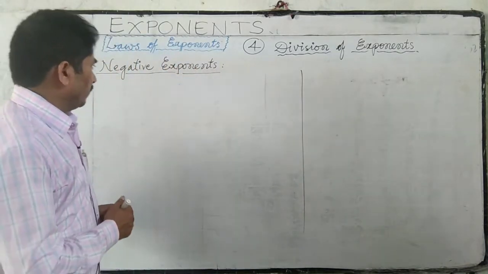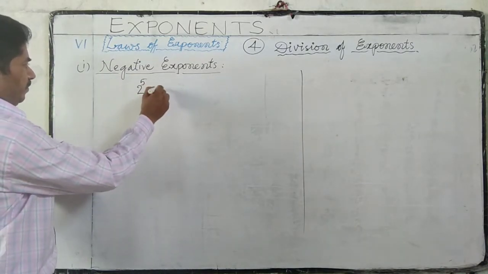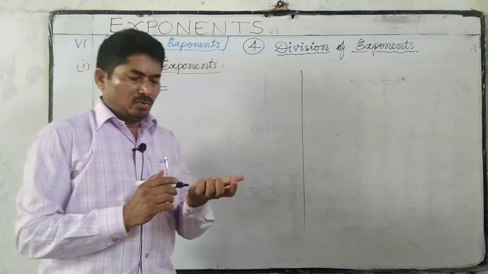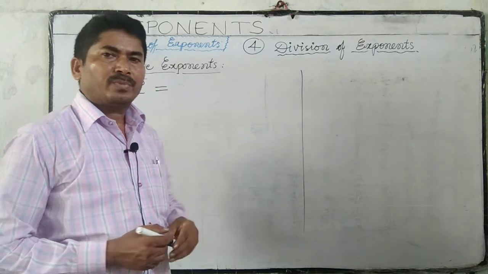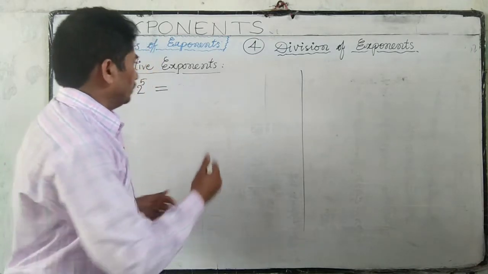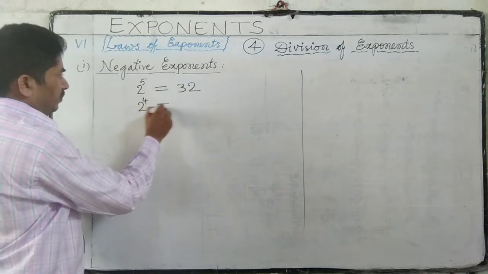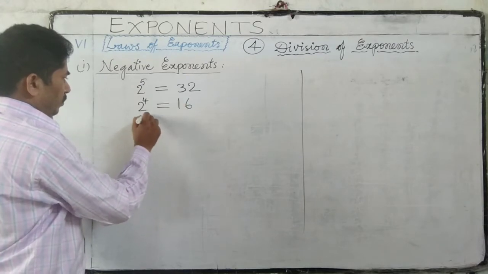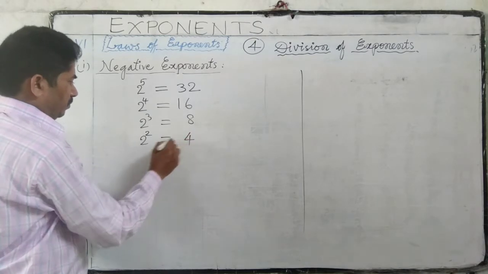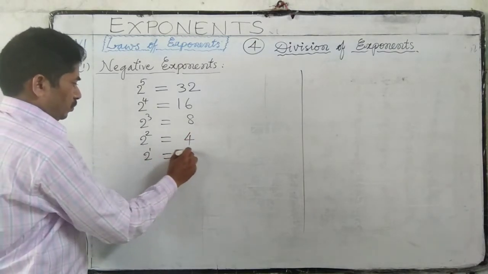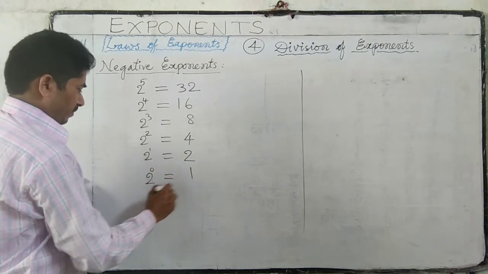Let us observe a few patterns to understand this. 2 to the power of 5 is equal to 32, 2 to the 4 is 16, 2 cube is equal to 8, 2 square is equal to 4, 2 to the power of 1 is equal to 2, 2 to the power of 0 is equal to 1.